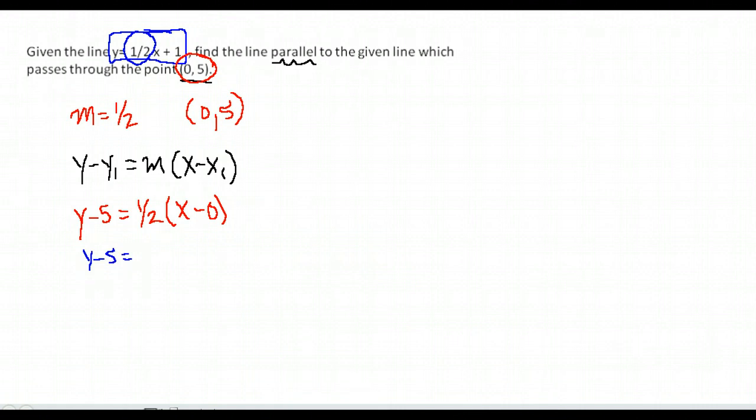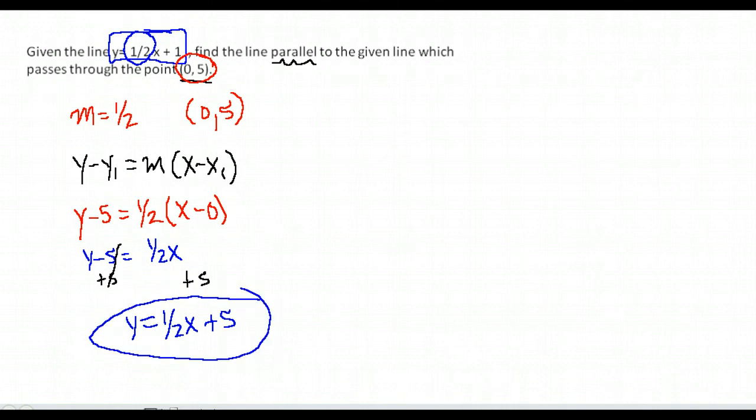As we try to simplify, we get y minus 5 equals 1/2 x minus 0, but there's really no point in putting the minus 0 in. And our last step is to add 5 to both sides to get y by itself. And we're left with y equals 1/2 x plus 5, and there you have it.